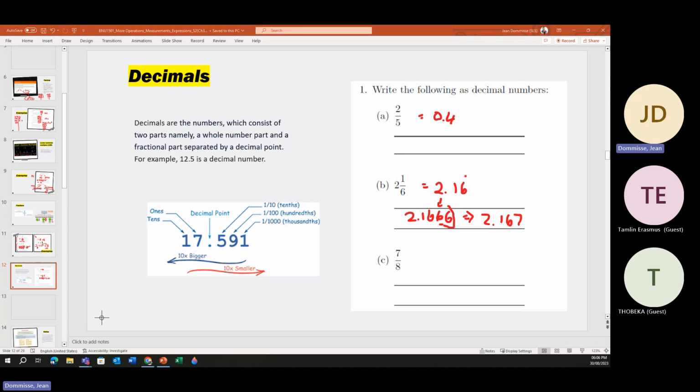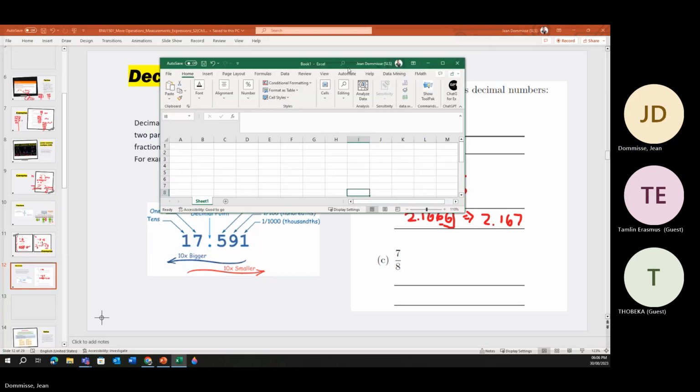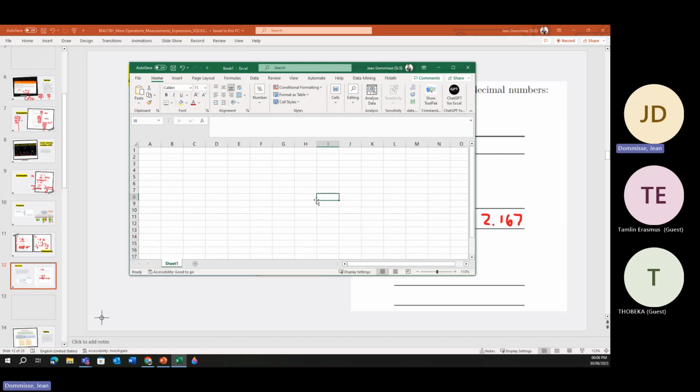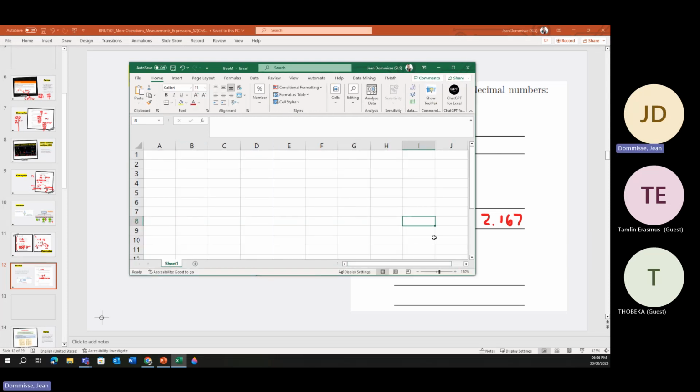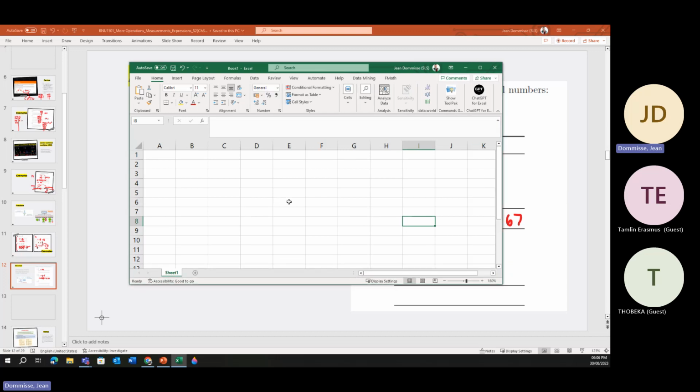If you have Excel and you also want to quickly do that, on Excel you can do exactly the same. We just quickly want to increase that. So if you said it was 2 plus 1 divided by 6, you can see, so if I want to round it off to 3 decimals, it will be 2.167 like we got.